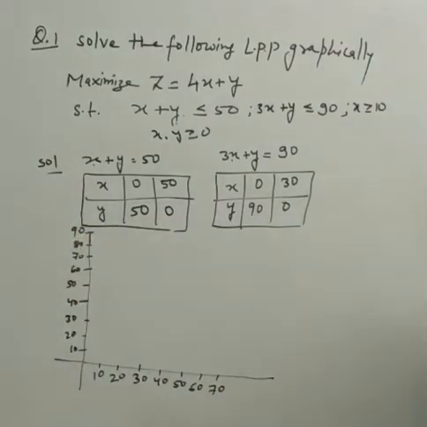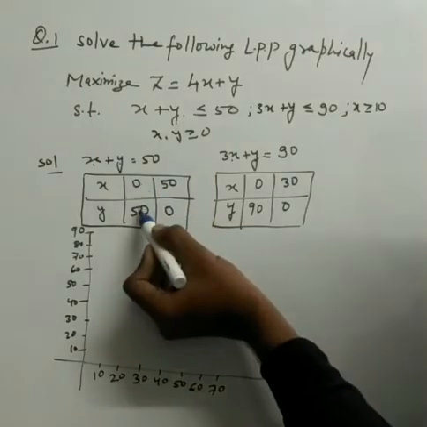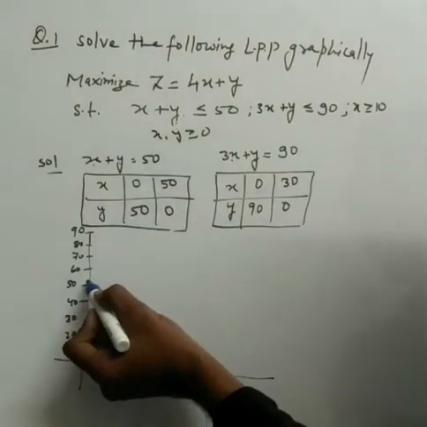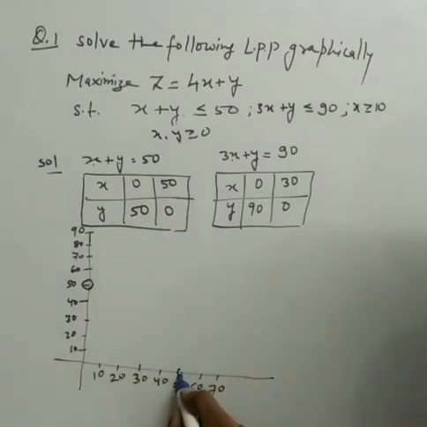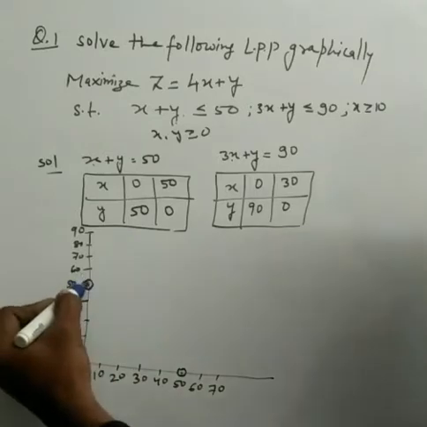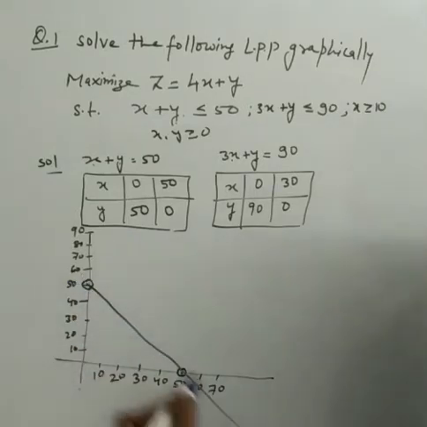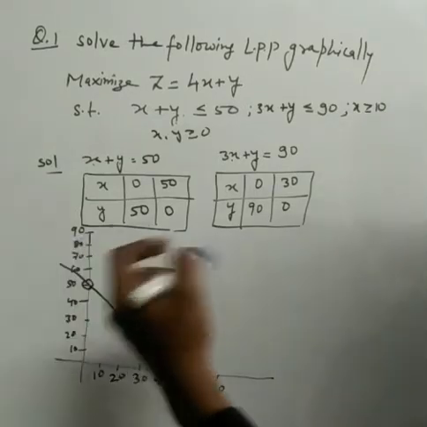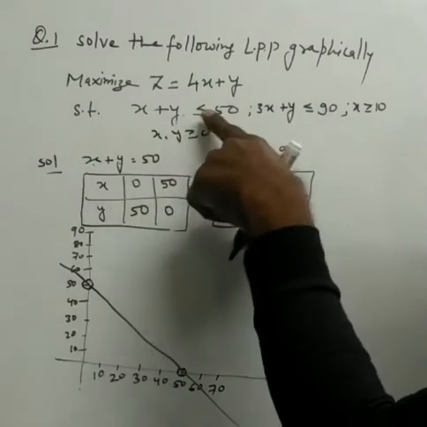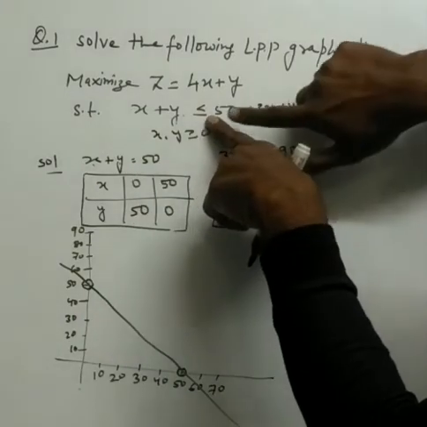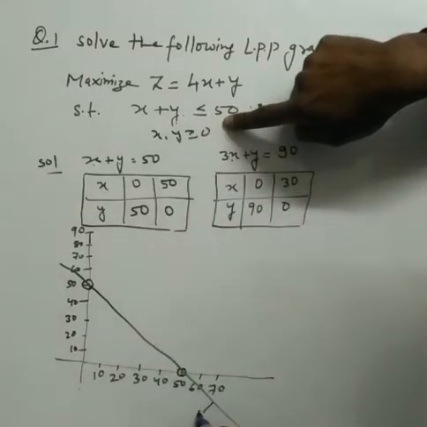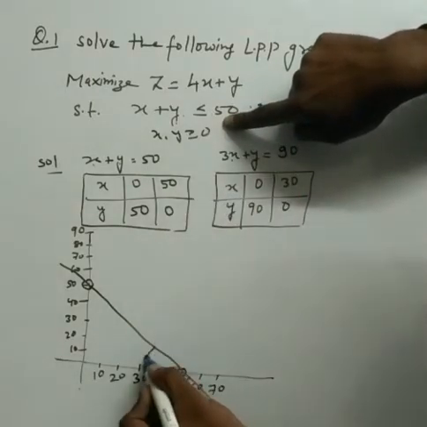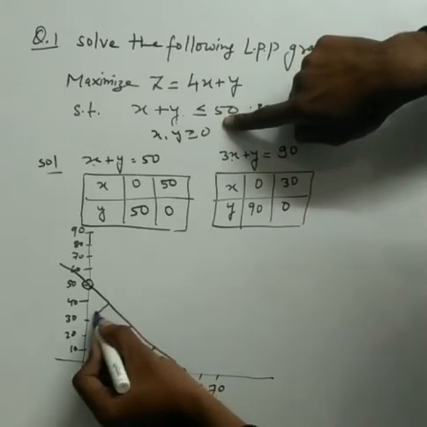First we mark the point 0, 50, then 50, 0. Draw the line. This line is obtained. For this inequality, we have the less than sign. Since here we have the less than sign, we shade the region below this line.